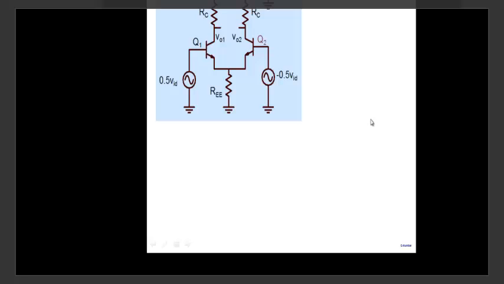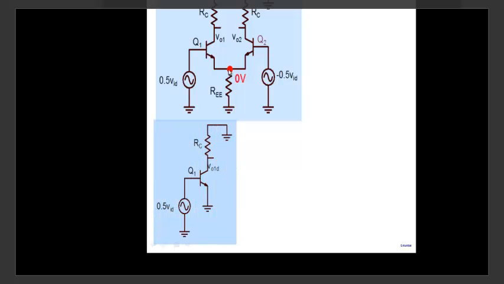Differential part. When you do differential part, you have plus a voltage here, minus voltage here. And what we said was when you do differential part, because of the symmetry, you assume it to be ground here, small signal ground, and the circuit separates out into two parts here. So whatever lies below this emitter in differential part doesn't contribute anything because this point becomes ground here.